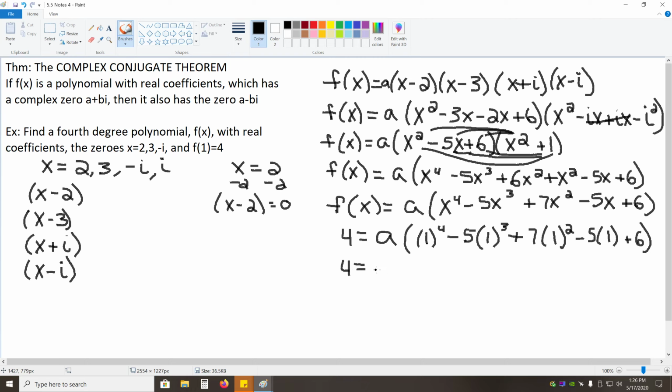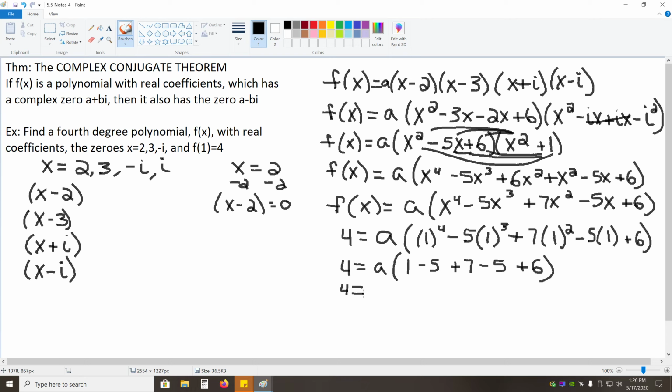So that gives us 4 equals a times 1 to the fourth is just 1, minus 5 times 1 to the third is just minus 5, plus 7 times 1 squared is just plus 7, minus 5 times 1 is minus 5, and then plus 6.